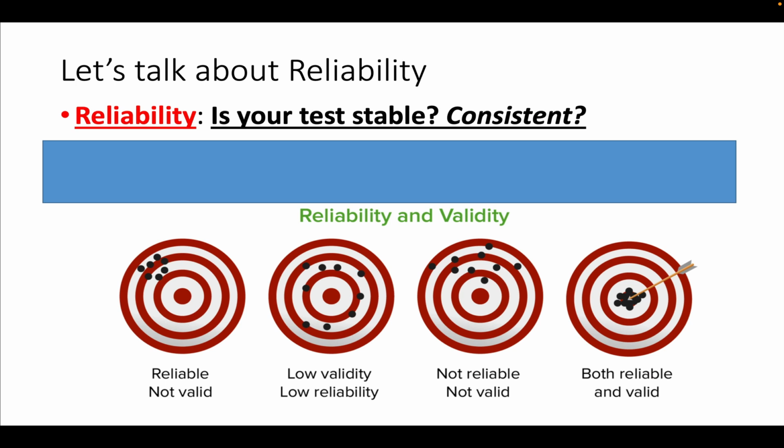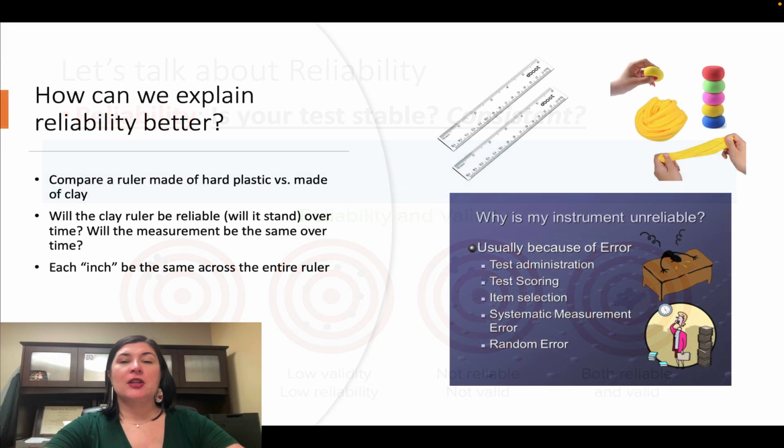So let's talk about reliability in relation to this. And remember, reliability is testing whether your test is stable and consistent. And so we want it to look like the far left one, both reliable and valid. There is a way to look at this differently.